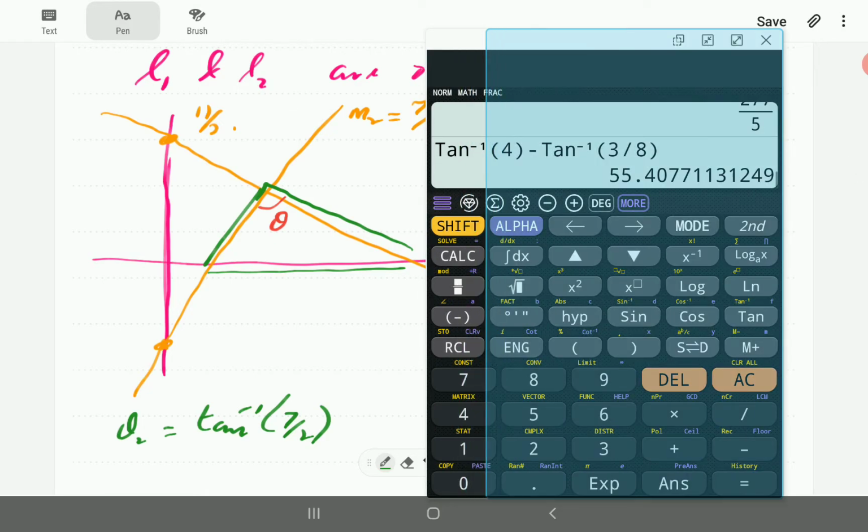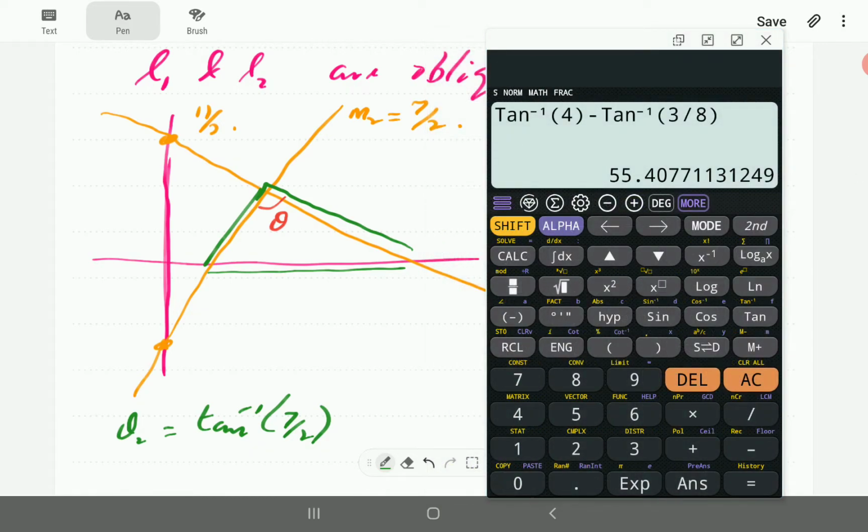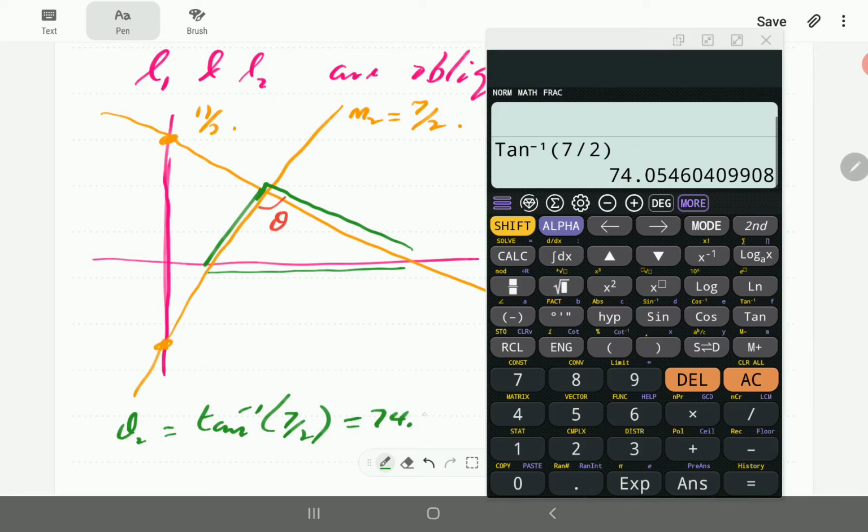Inverse tangent 7/2 works out to 74.05. So that's going to be that angle there.